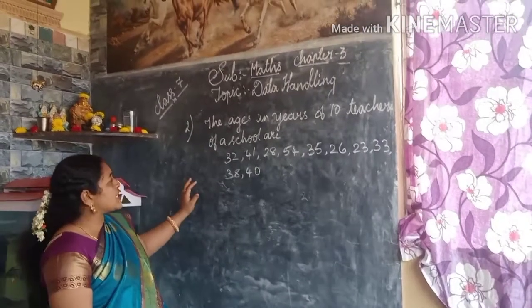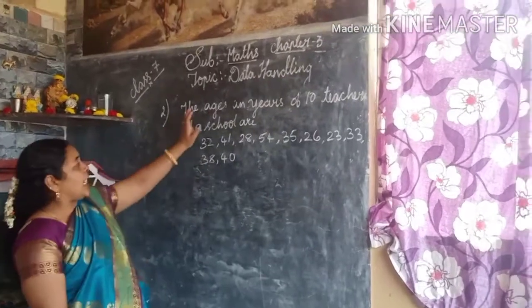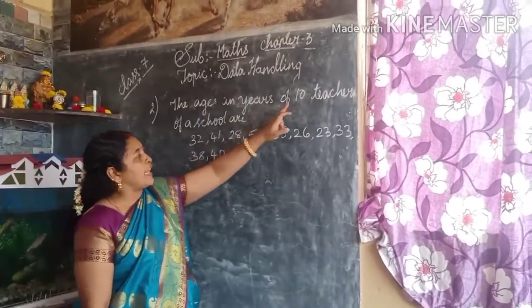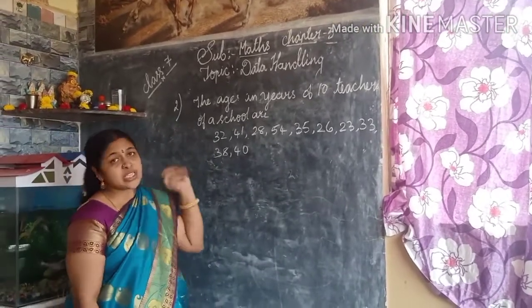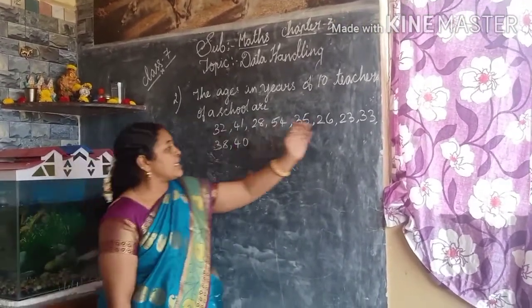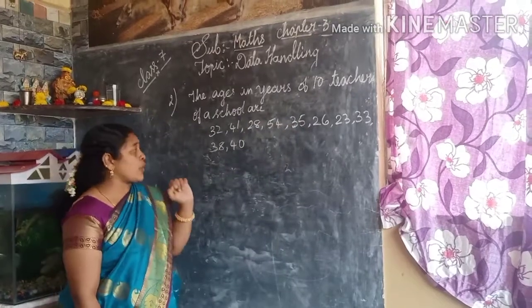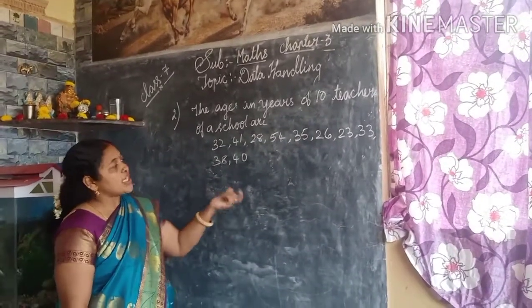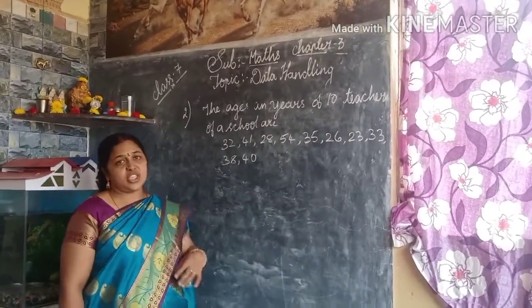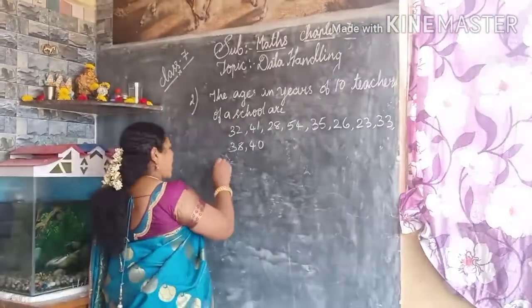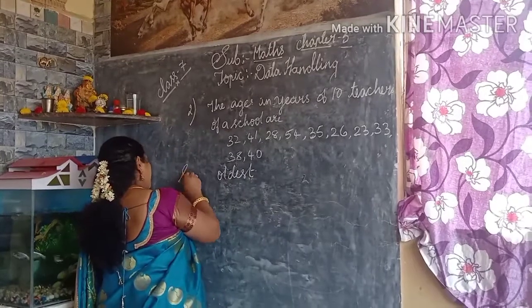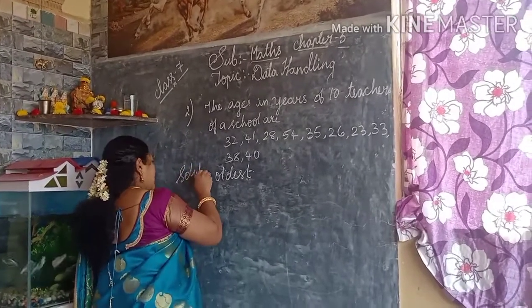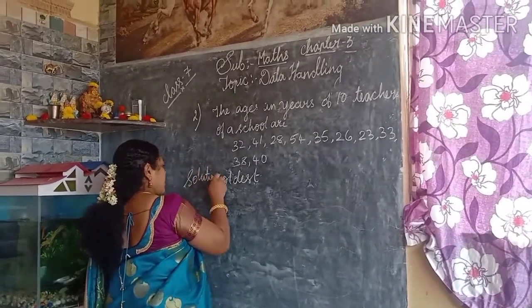Okay. Now look at the second question, children. Here the ages in years of 10 teachers of a particular school are listed out. Your first question is, which is the oldest teacher and which is the youngest teacher? Let us start the solution.